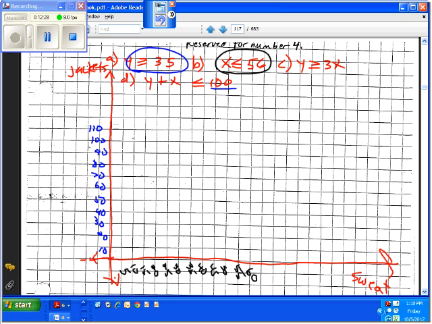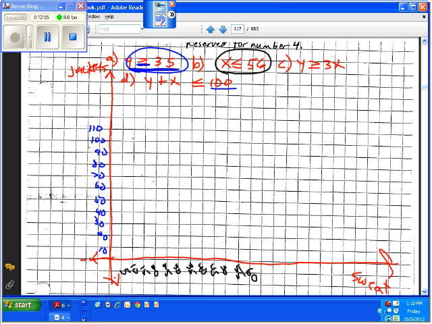And now we're going to graph those 4 inequalities and find the overlapping shaded region, which is going to create a geometrical shape. So we'll just start with the one in blue. Y is greater than or equal to 35. How do you graph that? Y only is a what kind of a line? Horizontal. Y only is horizontal. Solid or dotted?